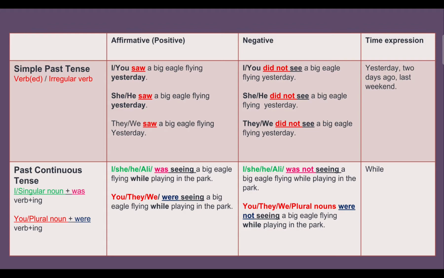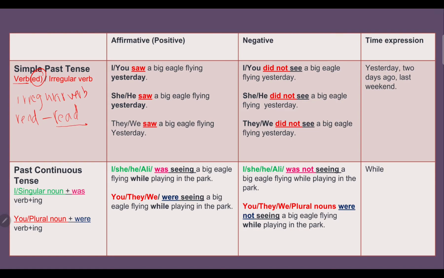For simple past tense, we just add on ed, or if it's an irregular verb, sometimes the form does not change. For example, read. The past tense of read is also spelled read, only the pronunciation is different.